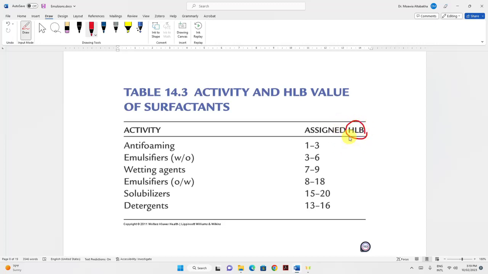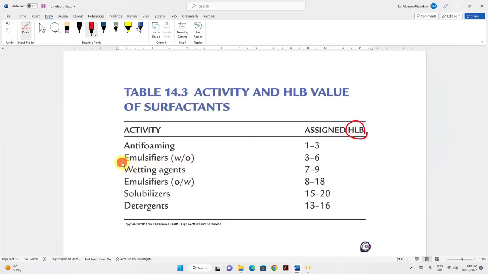They wanted to give surfactants a number to indicate whether it's more lipophilic or more hydrophilic. If the surfactant is more hydrophilic, it will form an oil in water emulsion, and if it is more lipophilic, it will form a water in oil emulsion.